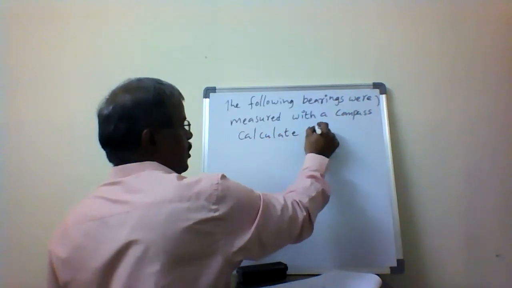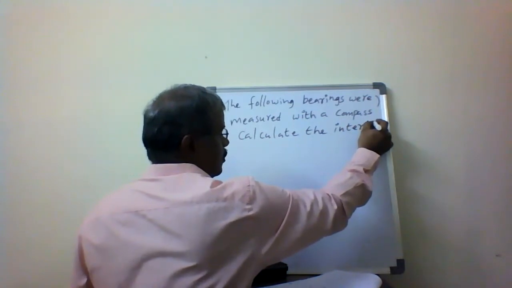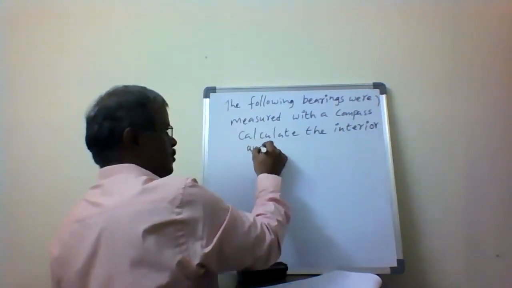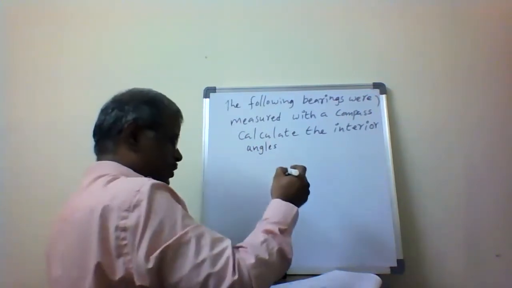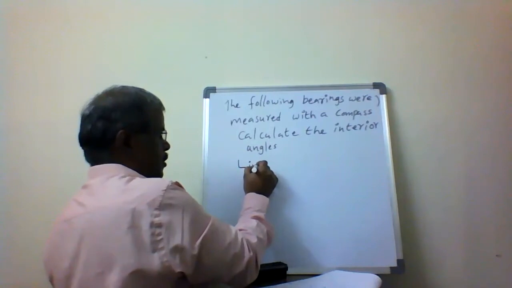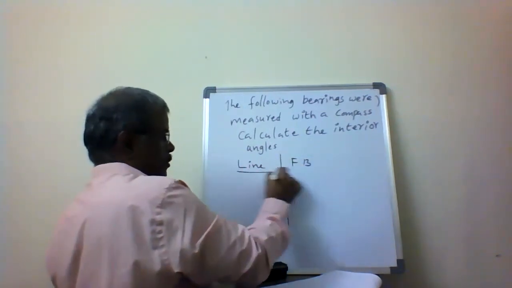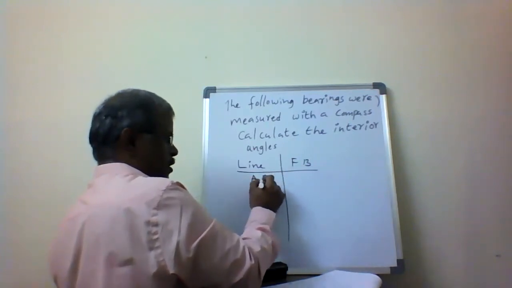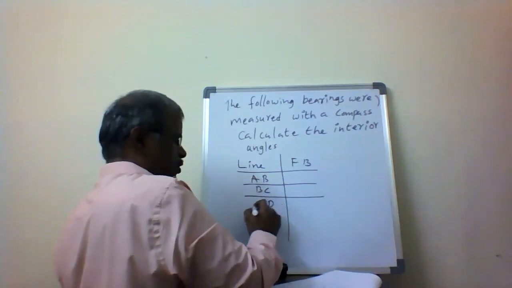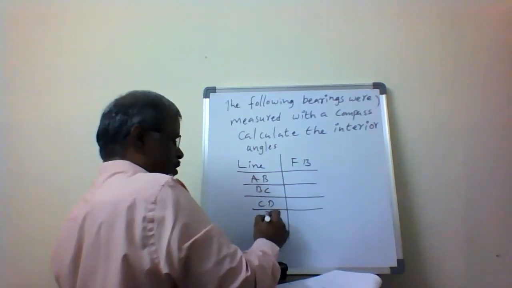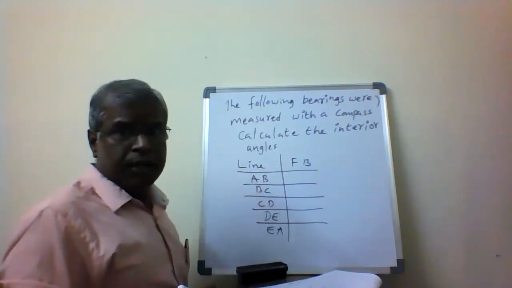The lines are AB, BC, CD, DE, and EA, with forward bearings.